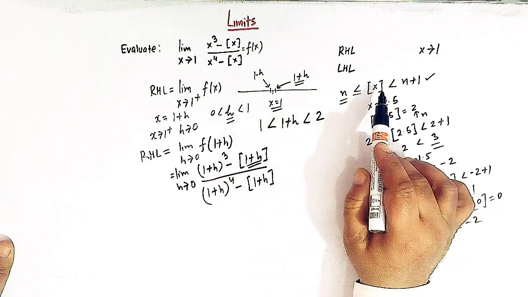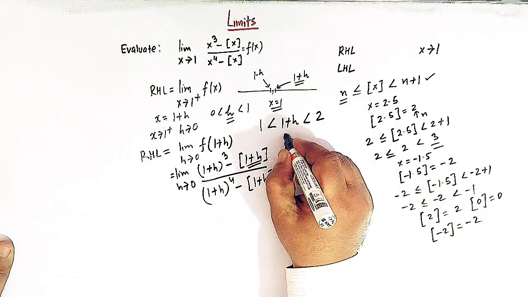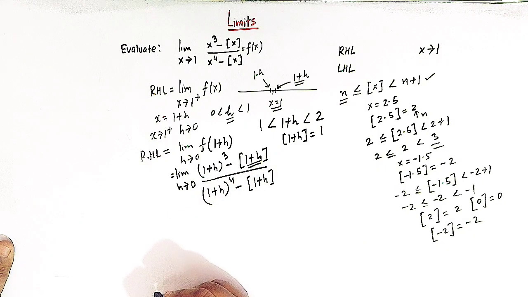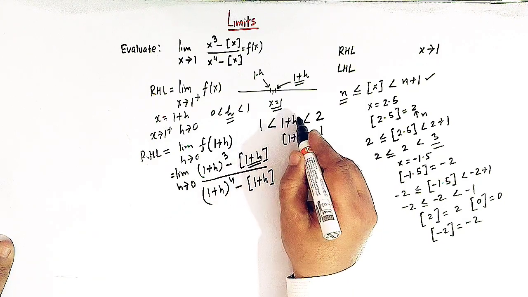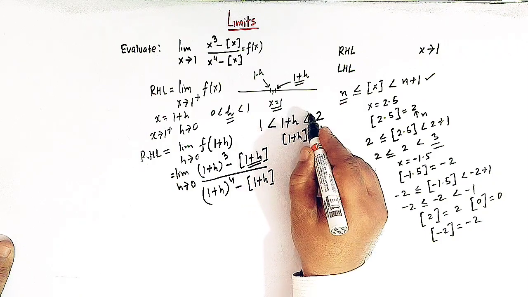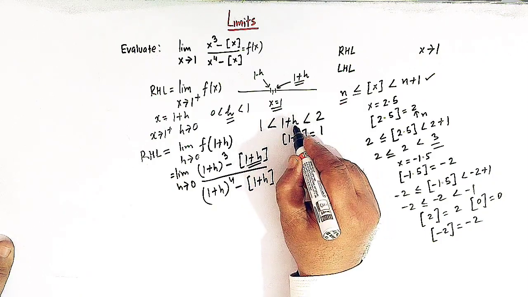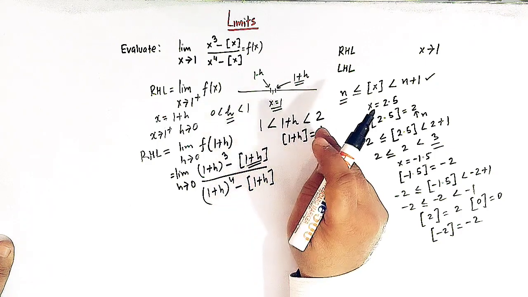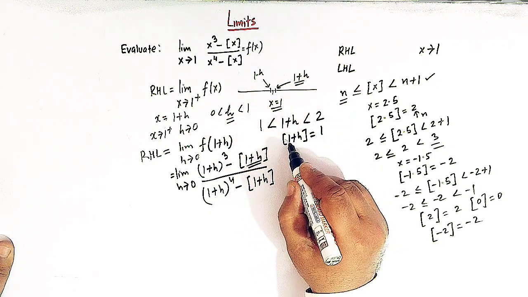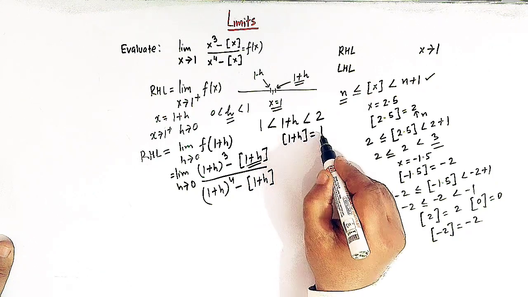So by the definition of the greatest integer function, the greatest integer of 1 plus h should be equal to 1, because 1 plus h is slightly greater than 1 and less than 2. So 1 plus h lies between 1 and 2, so the greatest integer that is less than 1 plus h is 1, right?